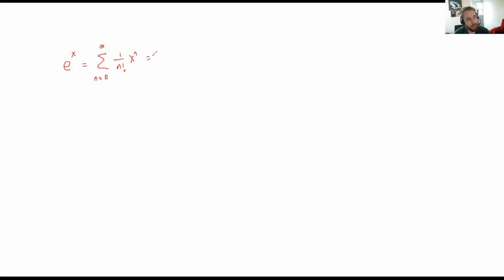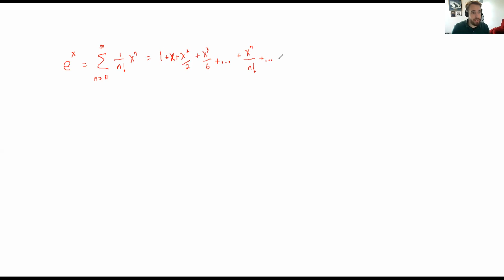And so we saw that was equal to 1 plus x plus x squared over 2 plus x cubed over 6 plus dot dot dot plus x to the n over n factorial plus, and that would go on forever.